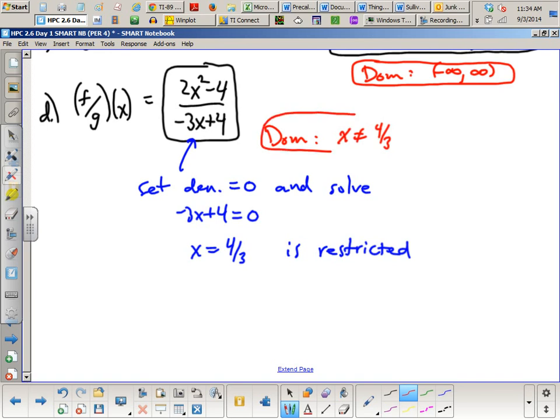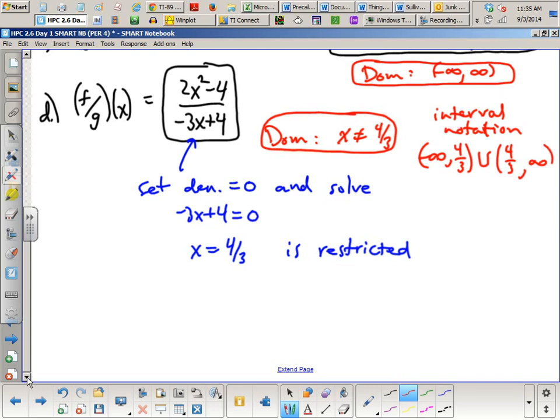Or if you want to write that in interval notation, looks kind of neat. Let's practice that. It's any number from negative infinity to 4/3, or any number from 4/3 to infinity. So if you think about what I just wrote, I basically wrote all numbers except 4/3. So you might see that in the back of the book sometimes.